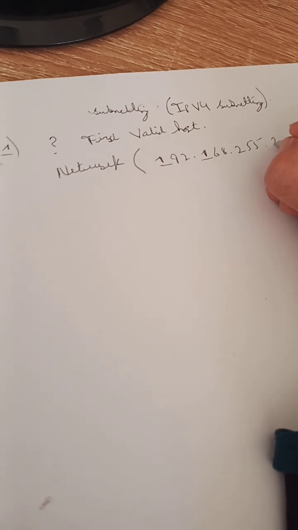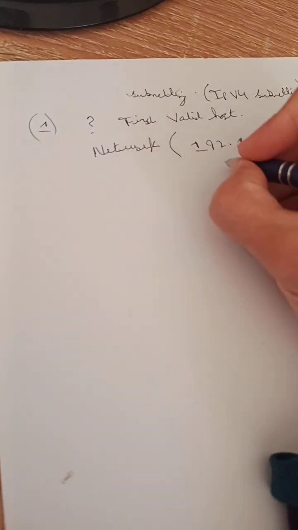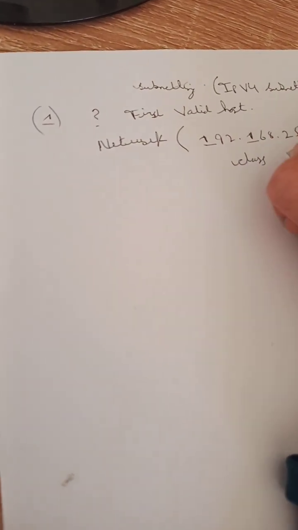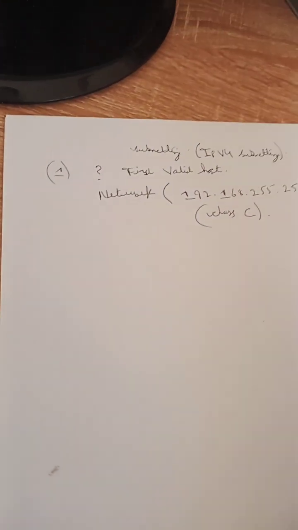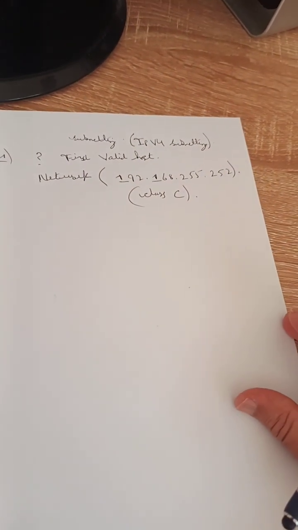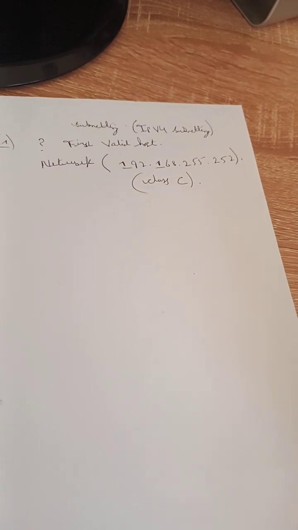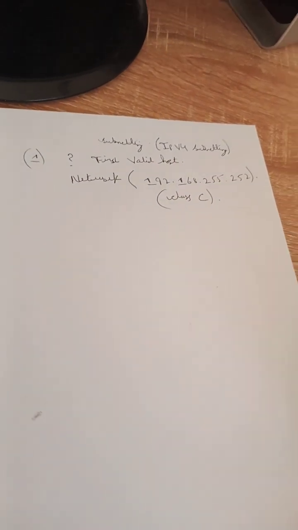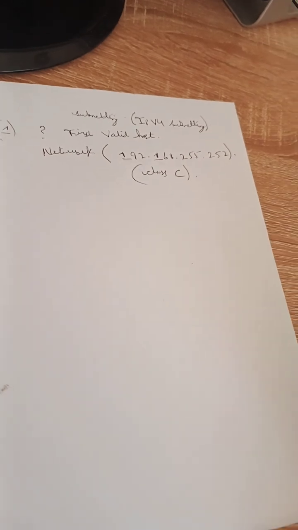So it's a bit of an easy one. This one is called class C. Classes have been mentioned before as well. So that's a class C network here, and we have to find the first valid host on this particular network.